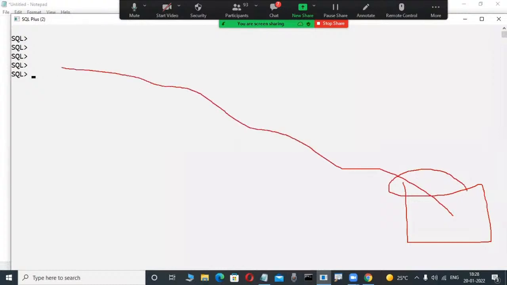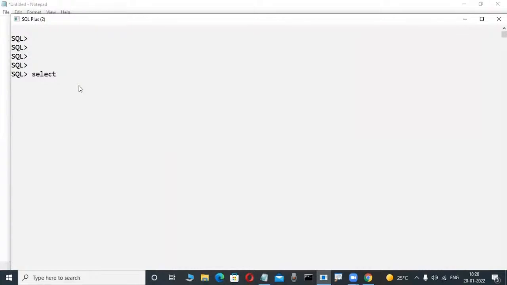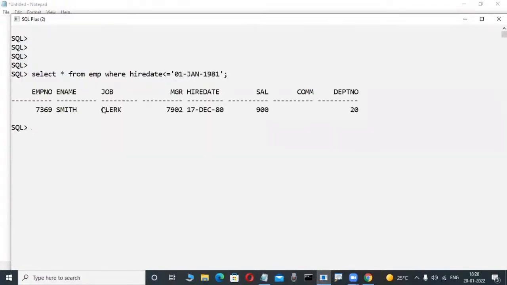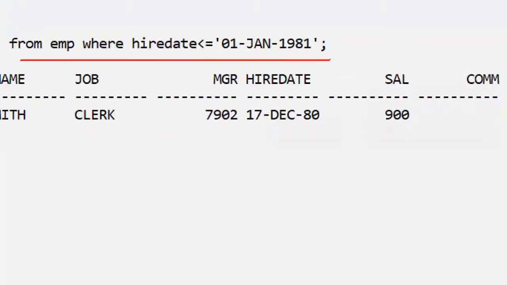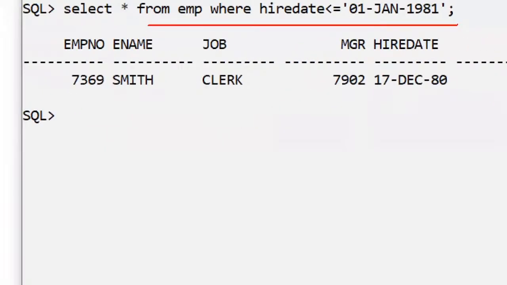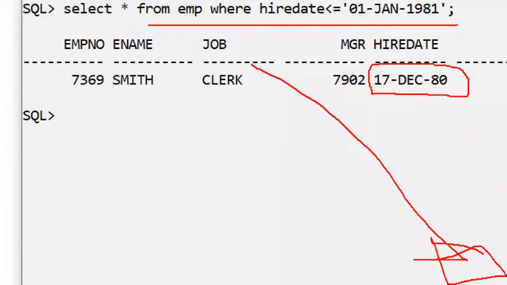They write queries. For example, select star from table name where hire date is less than or equal to 1st January 1981. Just by writing the query, data is automatically displayed. With a single line of code, the employees who joined before 1981 are automatically retrieved from the database.